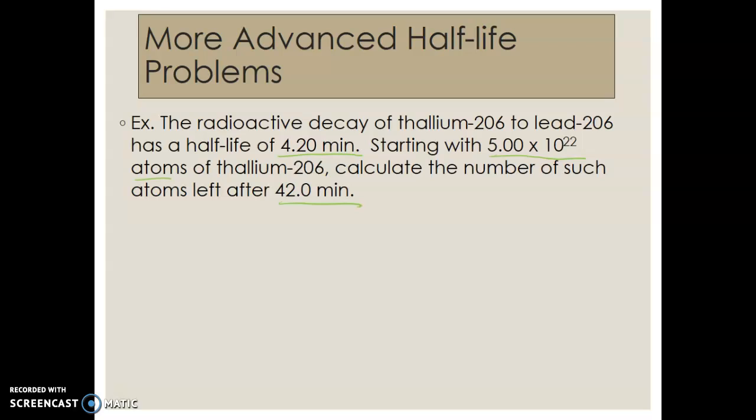So we are going to use both the half-life equation and the first order integrated rate law, because one thing that is not given to us in this problem is we do not know what K is. So we need to solve for K. So 0.693 divided by K. That's our equation.